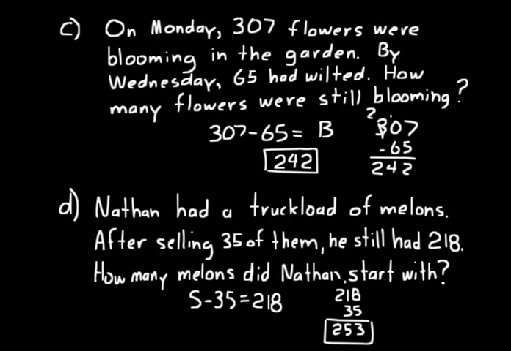How many flowers were still blooming? How many melons did Nathan start with? Whatever it is, make sure that you're going to be answering that question with the formula that you set up. And for right now, all these word problems will either be an addition problem or a subtraction problem that you have to set up.